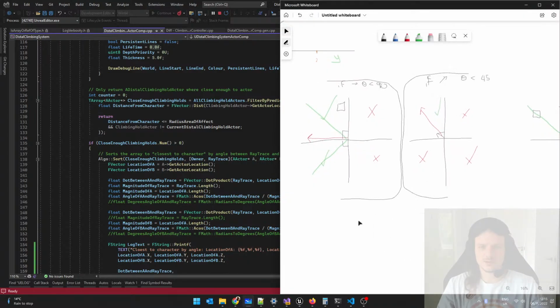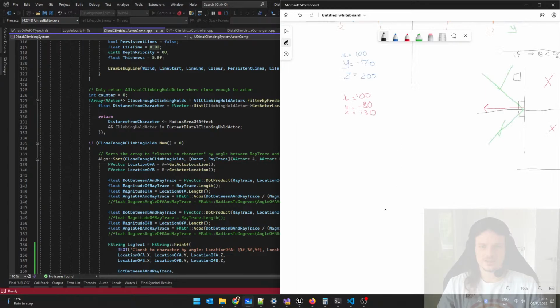I think what I've been doing is I send off a ray trace to the left, but actually, let's say this is top view. The actual climbing hold is over here, so the angle is going to be doing that rather than just like that.